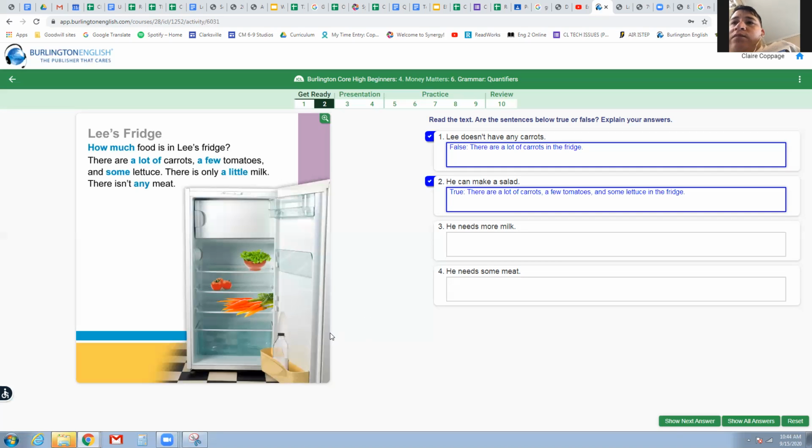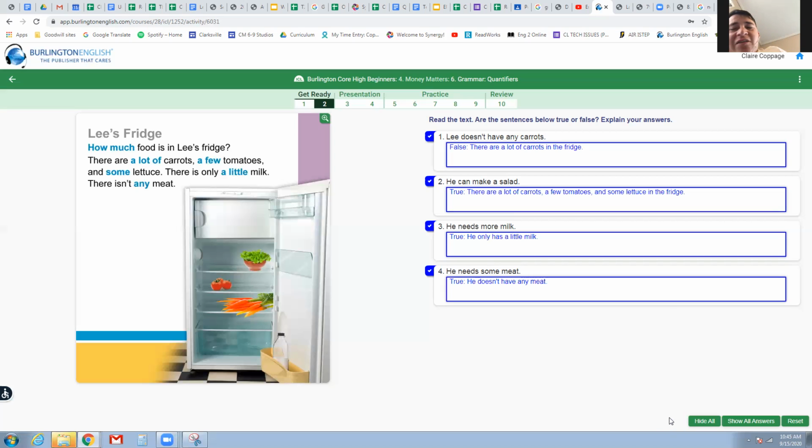True, good. He only has a little milk. A little is another way to say poco. So we can have poquito. Sí. We'll look at that in a minute. Okay, and he needs some meat. Yeah. True, he does. He doesn't have any meat. Good job.